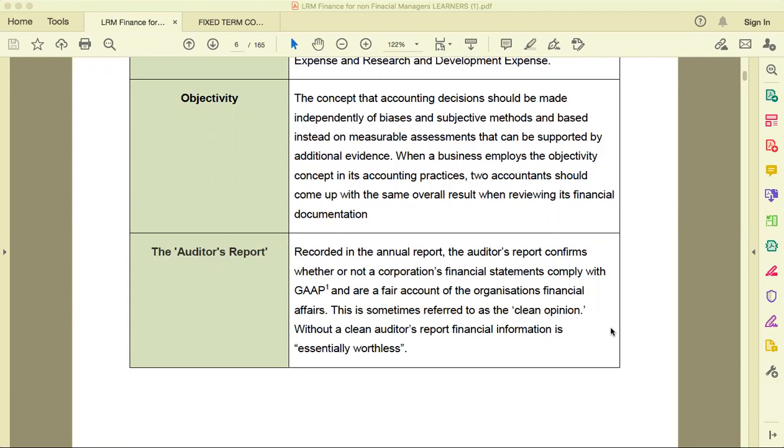So the auditor will put a report in front of the financial statements to say that everything has been done properly, or there are certain things that we need to watch out for based on what they have seen. So they have to come in and almost be the referee to make sure that everything is legal, compliant, and the processes and systems that we say that we follow actually have been followed.